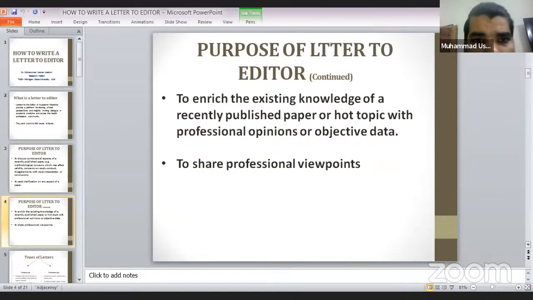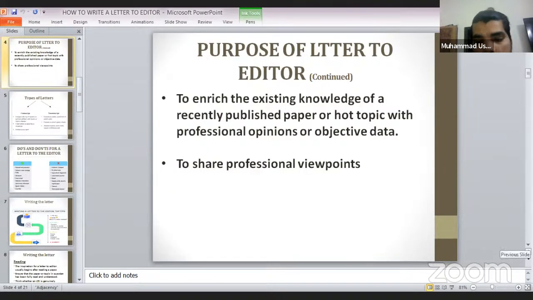It can also provide you an excellent opportunity to share professional viewpoints and to enrich the existing knowledge of a recently published paper or hot topic with professional opinion or objective data. For example, we were discussing ChatGPT and the role of AI in medicine.